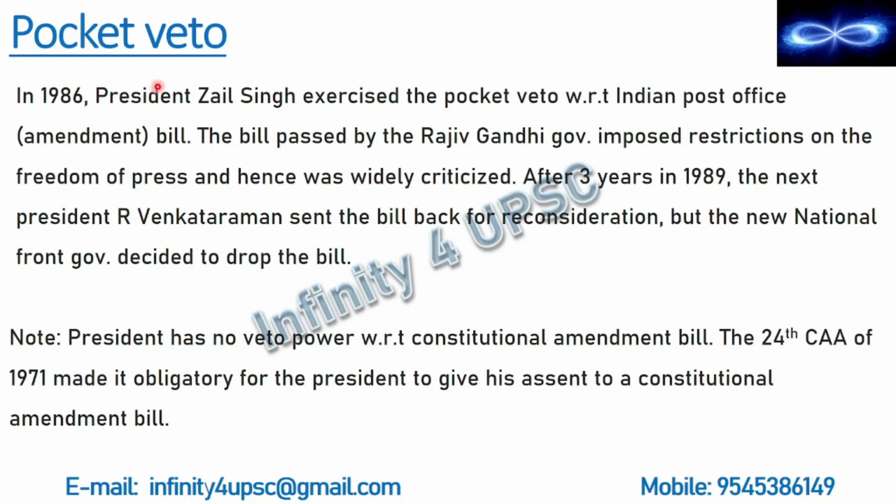And that is the reason the then president Zail Singh decided to exercise his power of pocket veto. But when the next president came, he decided to send it back to the parliament since the government had changed and the new government could take its own new decision. And the new government decided that they will drop the bill altogether and will not move forward with it.